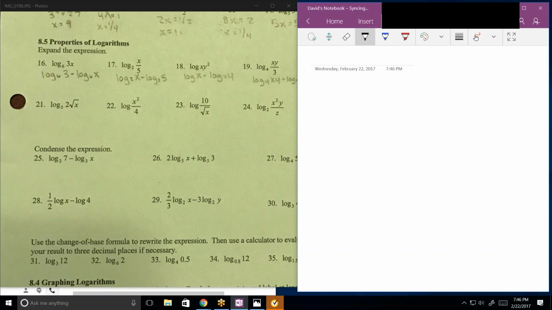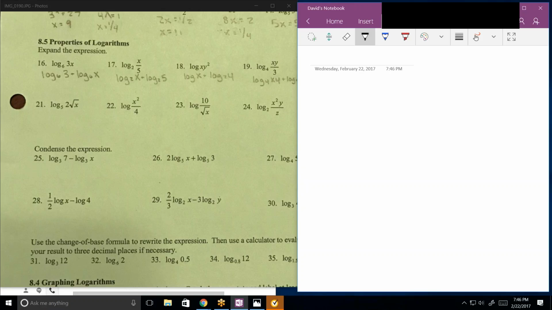How about 22? So it'd be plus 1/2 log of x. Hold on, sorry. So 22 would be, and like I said, you don't need to do the whole thing in one step. You can do it in 2 steps.